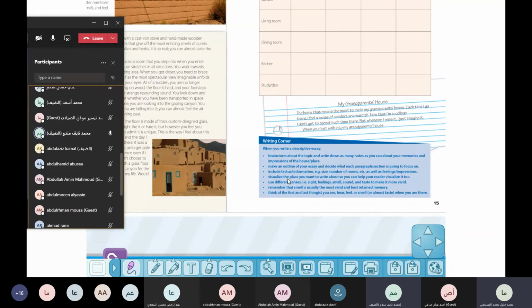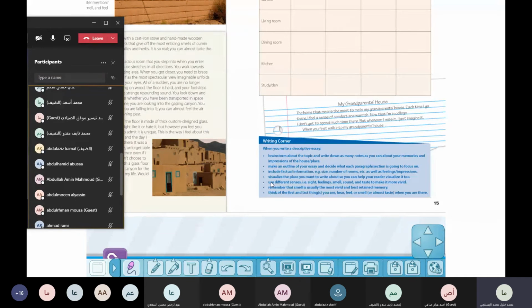Good. So here you have to try to visualize the place, so you can describe it and the reader can imagine, or visualize, as you visualize the place you want to write about, so you can help the readers to visualize it too.